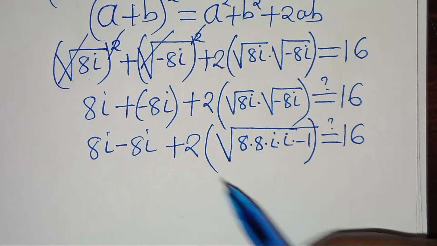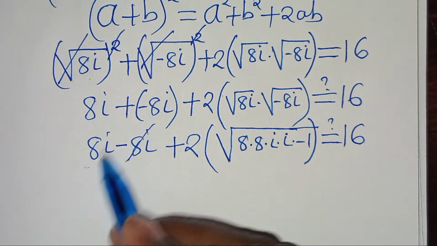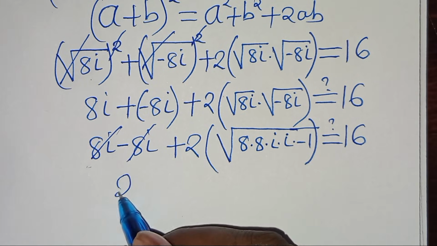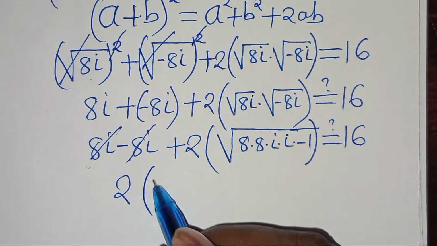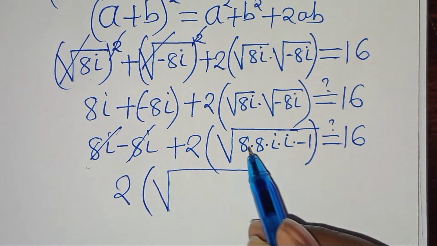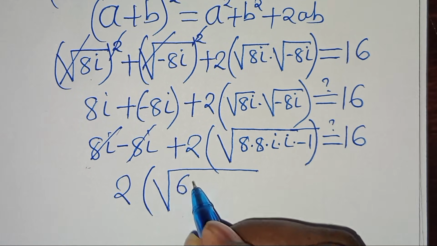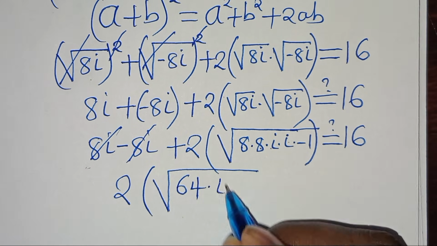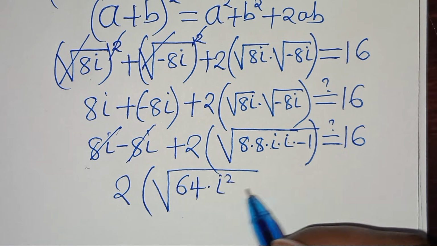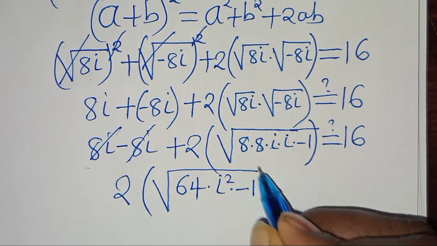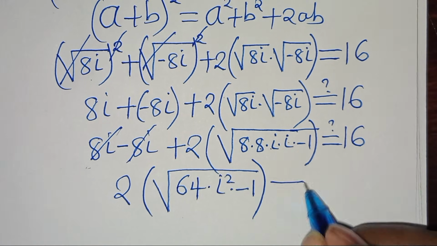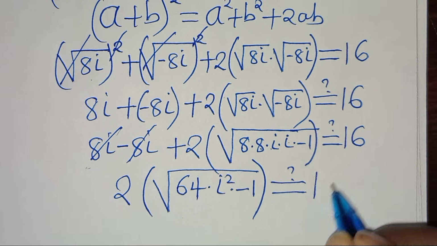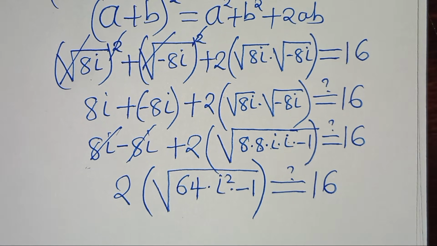The next step is that 8i minus 8i simplifies, so that we have 2 into the parentheses. This is the square root of 8 times 8, this is 64, multiplied by i times i, this is i squared, then times minus 1, close the parentheses. This is supposed to give us a value of 16.